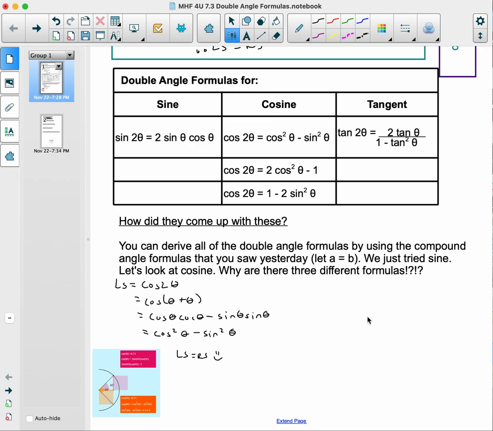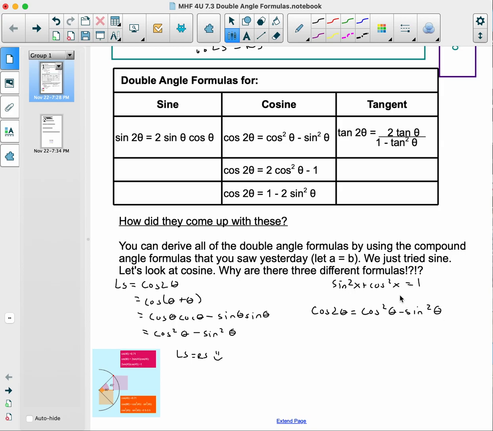Okay, so tomorrow is your big trig identity day, but today we're going to remember something we know from last year, which is this concept that sine squared x plus cos squared x equals 1. Okay, so those two other formulas come from rearranging this and plugging it in to this guy. All right, so if you start from here, cos 2 theta equals cos squared theta minus sine squared theta.